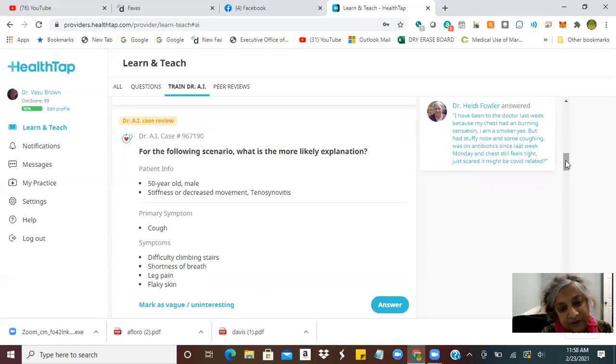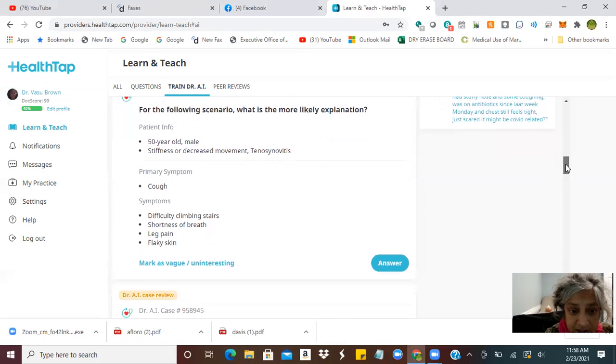So he has some sort of a compromised lung. So it could be some sort of advanced emphysema, lymphedema, bronchitis, leg pain, and he has difficulty climbing stairs, which means he's dehydrated and he's not detoxing well. Okay.